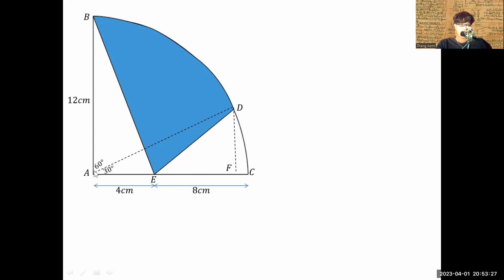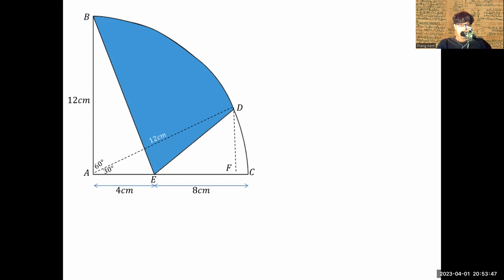If you notice, there's a sector ADC. I can just subtract the triangle AED from it. If I subtract the triangle from the sector, I get this area ECD, this region here.